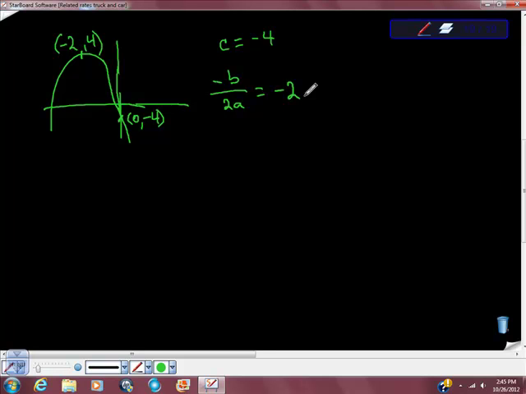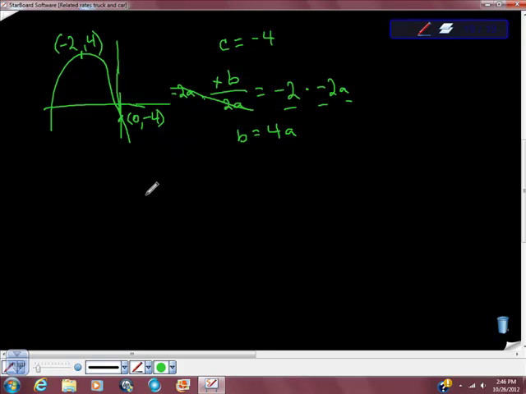Since I'm going to have to solve for b, I'm going to go ahead and multiply that out. So multiply times -2a, that cancels and becomes positive. So I know that b is going to equal 4a.